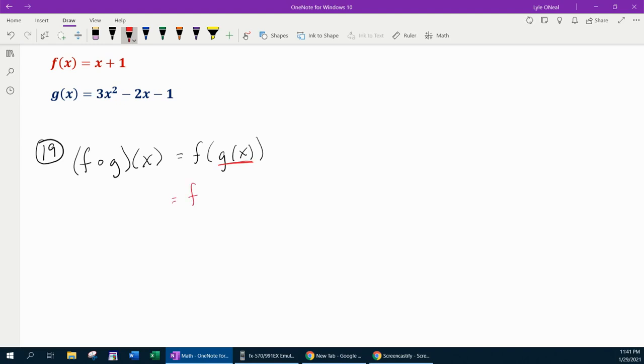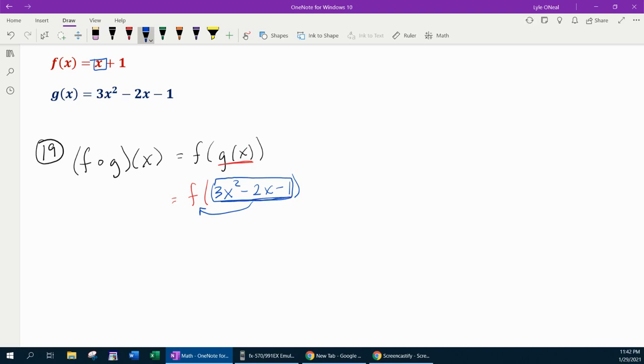So that's going to be f of g of x, which is 3x squared minus 2x minus 1. And now what we're going to do is plug all of this stuff into f, into its x. Got that?